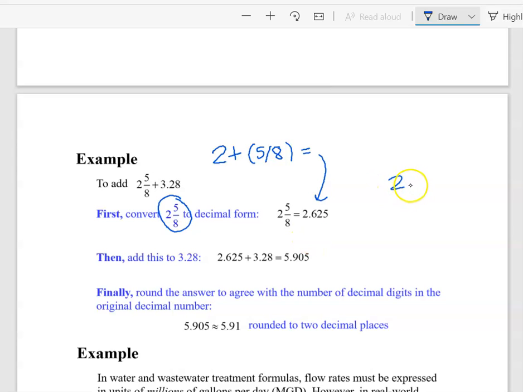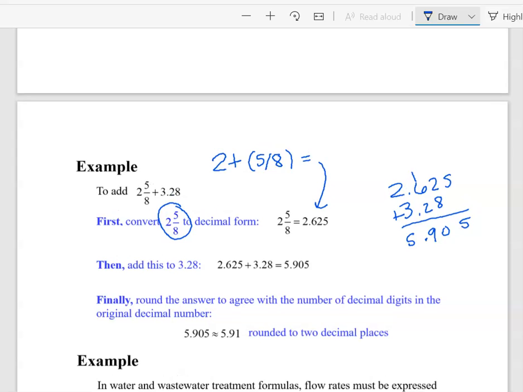So then we would have 2.625 plus 3.28, and remember you want to line up your decimals when you're adding decimals. That's how we're coming up with 5.905. So first thing we want to do is convert it to decimal form if it's in fraction form.